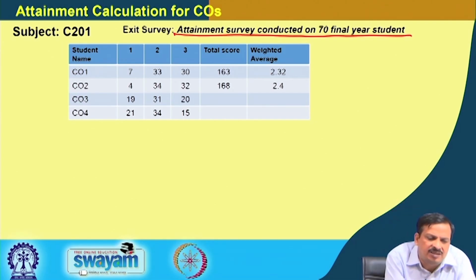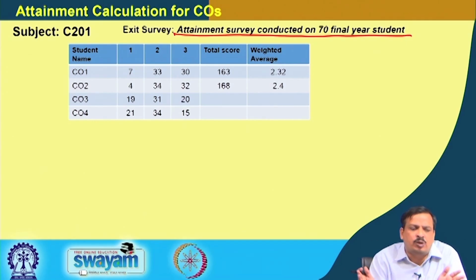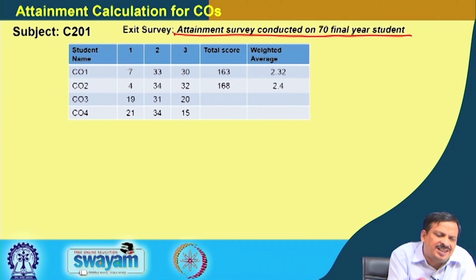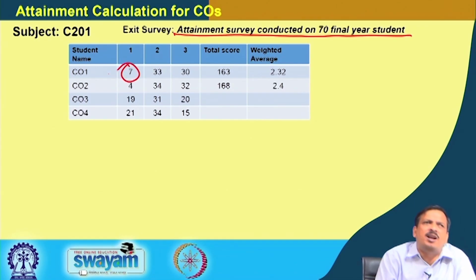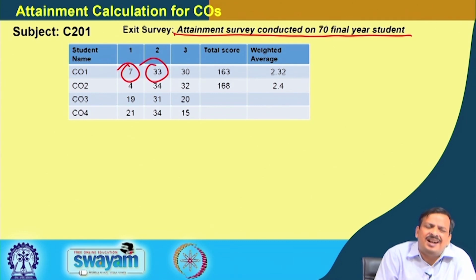Let us say you collected on a 3-point scale. Out of 70 students, 7 students said it is attained at a very poor level, 33 students said it is attained moderately, and 30 students said that it is fully attained.